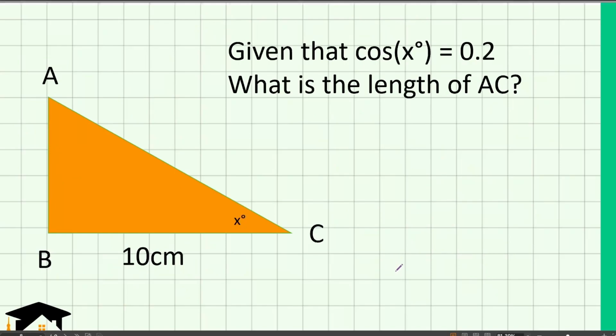Finally, let's solve this other exercise. We again don't know the angle, but we know that its cosine is 0.2. And we have to calculate the length of AC. AC is the hypotenuse, and 10 centimeters is the value of the adjacent side. So, to relate these two values, we use the cosine.